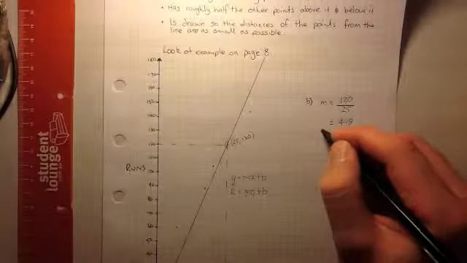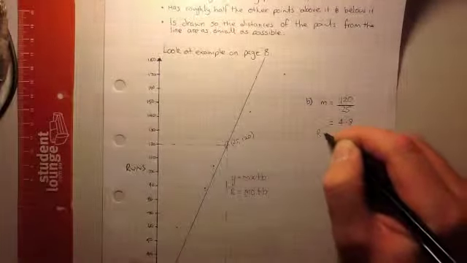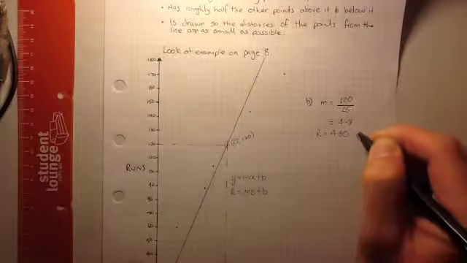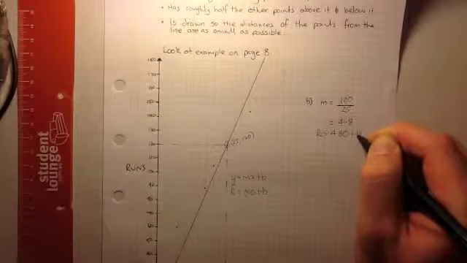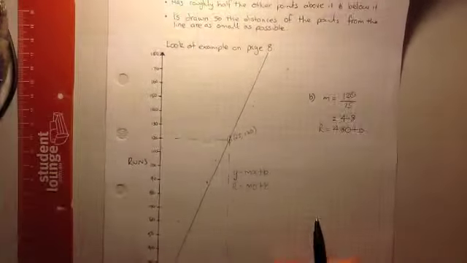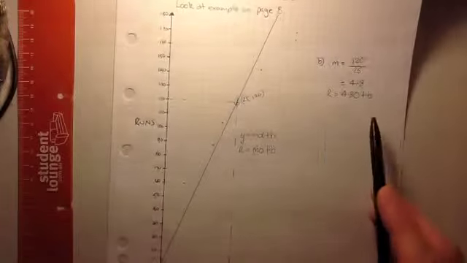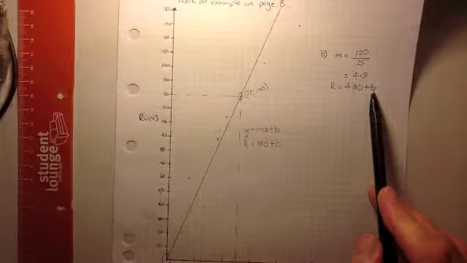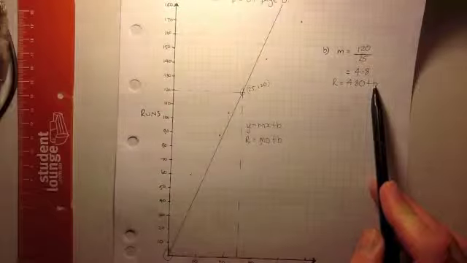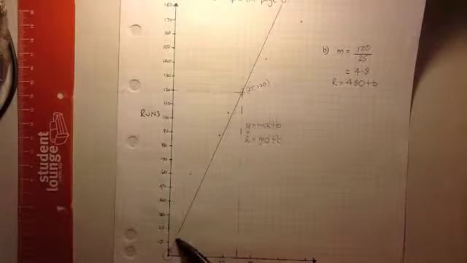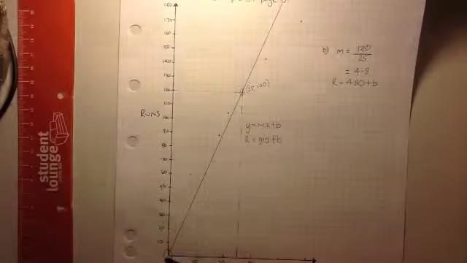So far our formula now looks like, we have R equals 4.8 O plus B. Well, let's have a look. Remember, our B is where our line crosses the y-intercept. If we have a look at our y-intercept over here, you can see the line crosses through at 0.